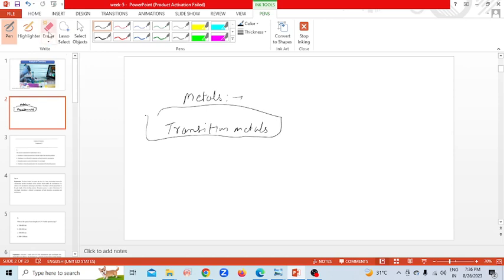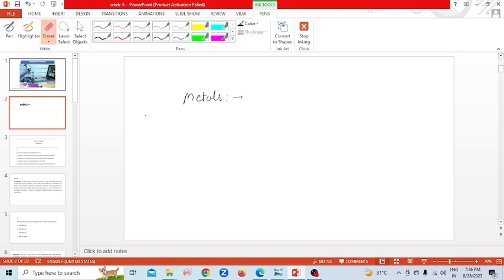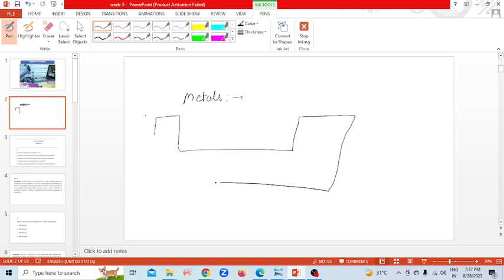For that we need a little knowledge about the periodic table. How will our periodic table look? If you see your periodic table, it will look like this. I am only drawing the outer view.